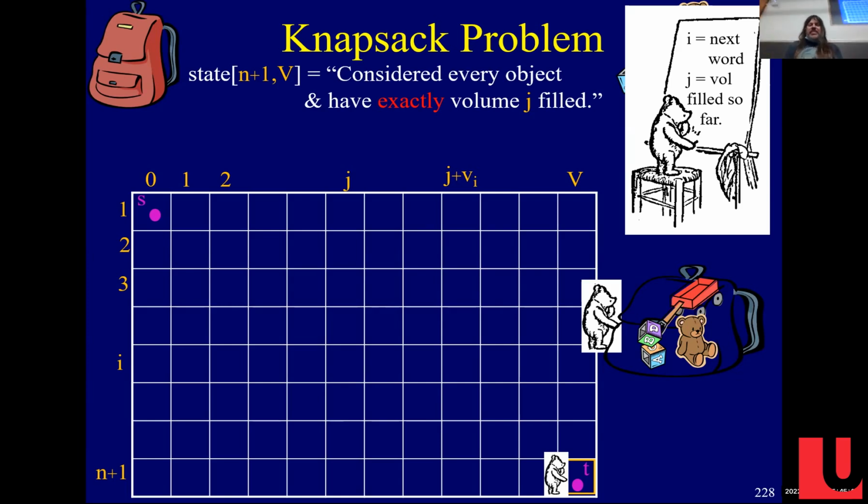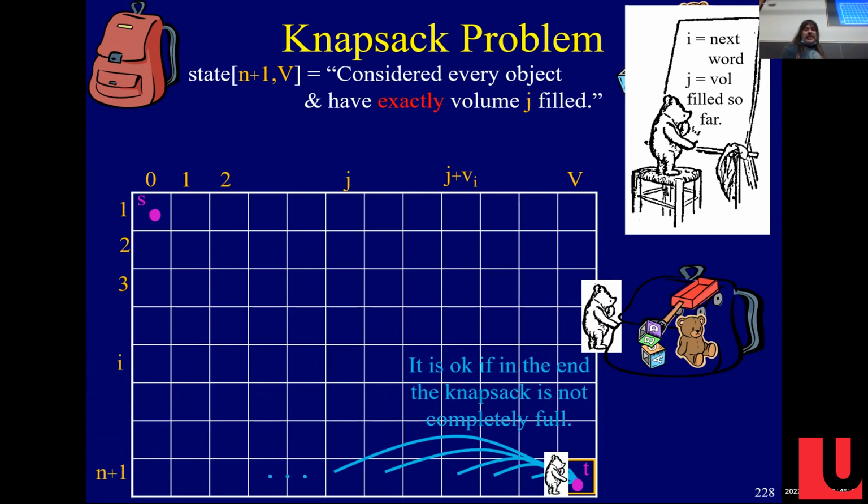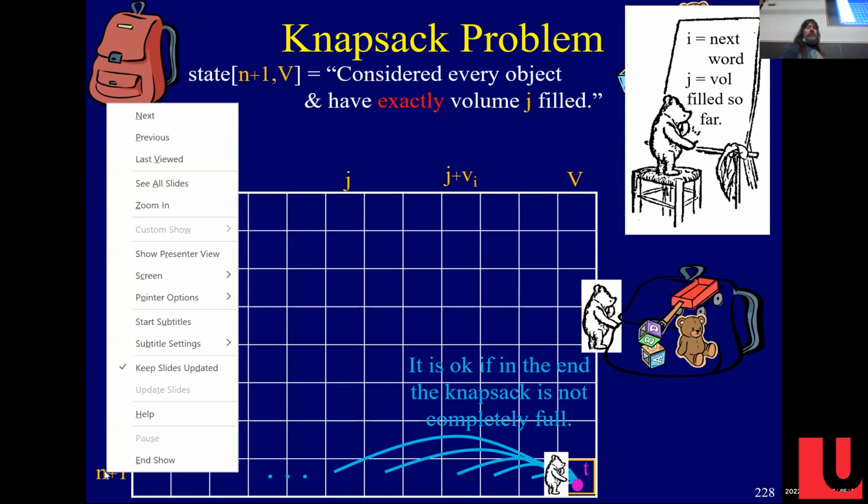So we got to fix that, and we could fix that algorithmically, but I don't remember what I did, but you can fix it by adding things to the graph. What we're going to add to the graph is we're going to say, hey, dude, once we're at the end, I don't care what volume you have, right? So if I land here, I've considered all the objects. Here, I guess I'm at n plus 1 because I've considered the nth object, right?